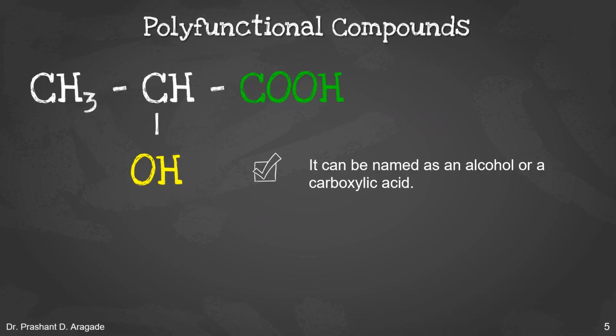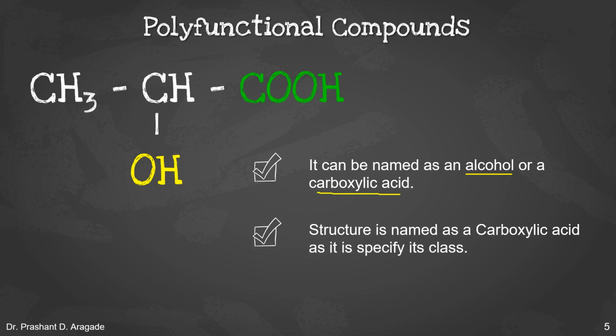So, if there are two functional groups present in your compound, it can be named on the basis of one of the functional groups. In that example, it can be named as an alcohol or as a carboxylic acid. But the name of this compound is a carboxylic acid because it specifies its class.